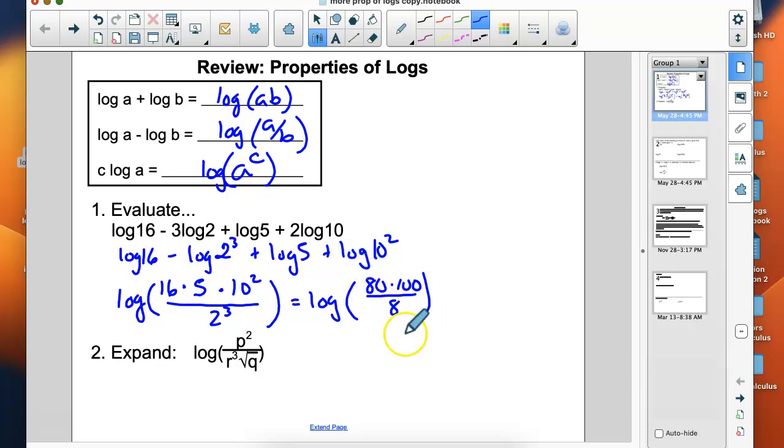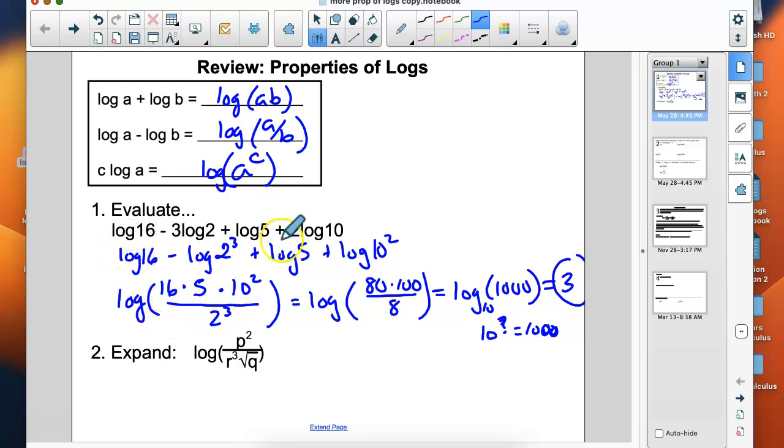That comes out pretty simple actually, because the 8's are going to cancel, and I'm going to get 10 times 100, which is 1,000. And the log of 1,000, remember, since there's no number here, I assume this number is a 10. The power of 10 that equals 1,000, that's a question mark, sorry, is the third power, right? Powers of 10, you just count how many zeros there are, and that's the power. So this would be the third power.